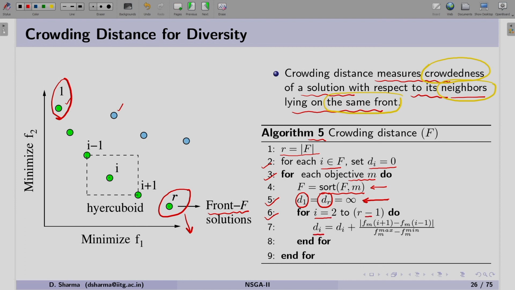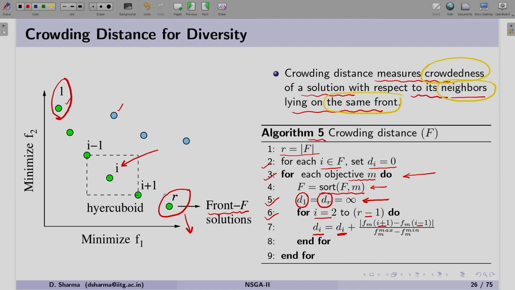For the rest of the members in step number 6, starting from solution 2 to r minus 1, we will be finding the value of d_i equals d_i plus the objective function of the i plus 1 solution minus that of the i minus 1 solution. Why? Because in step number 3, we are performing this for each objective. So, let us take this as objective 1. If we see the figure on the left hand side, we are calculating the crowding distance of solution i.